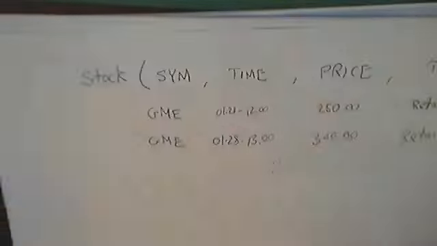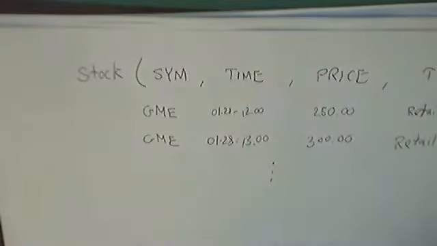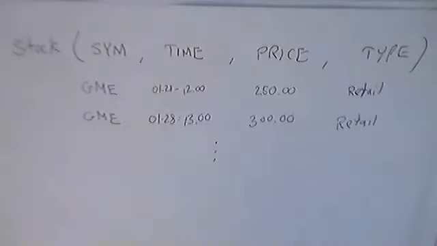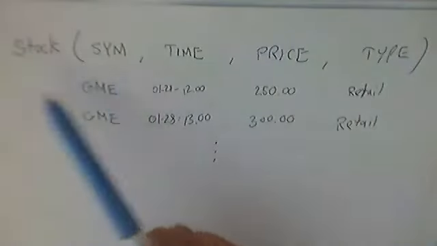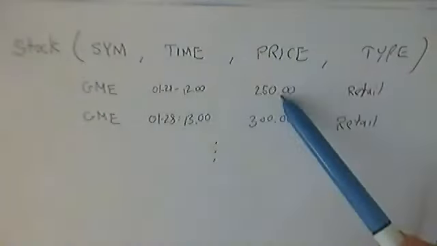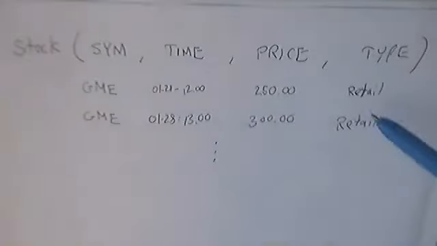All right, let's have this as one of the running examples as we do some of these SQL queries. We have a stock with a symbol, and it has a price at a particular time, and it has a type, retail.